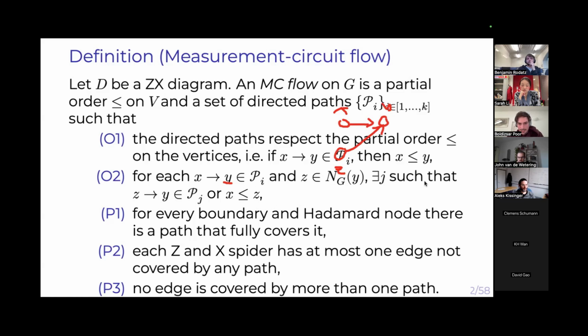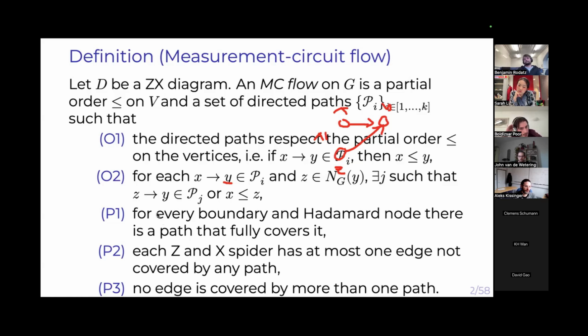But only if x goes to y, and then in the neighborhood of y, such that there exists a j, such that this is part of the path, then x needs to precede z. So this is saying that there is a pre-order, a partial order between these two when there exists a path from here to here.